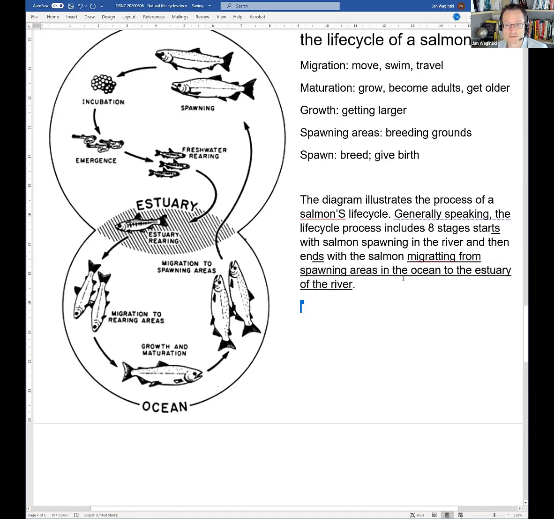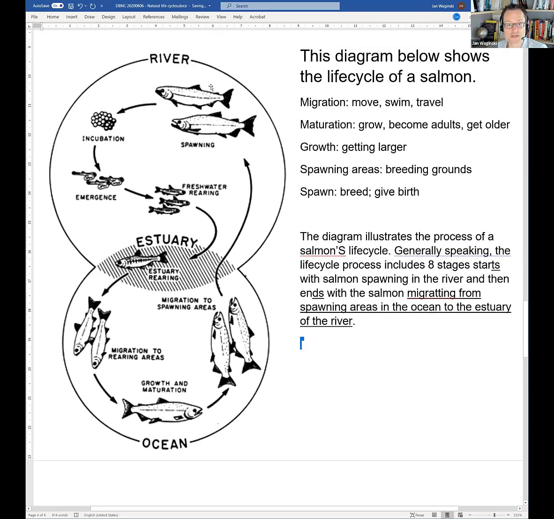Okay, let's look at the last part first. So the last part takes place in the river. Yes, but I wanted to include the estuary of the river too. But you said it ends with spawning areas.